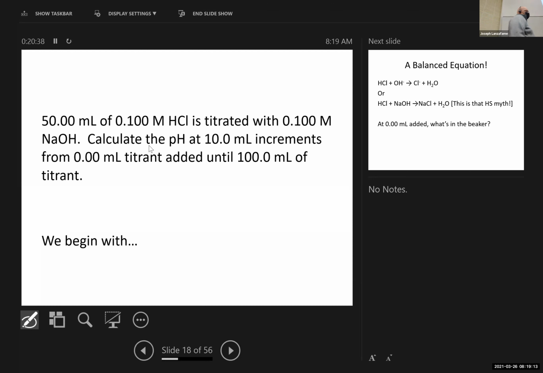Because again, my titration is usually designed for me to determine something I don't know. But I'm going to essentially calculate what my theoretical titration curve should look like if I know that I have a strong acid and a strong base, and I actually know how much I have of each one of them.